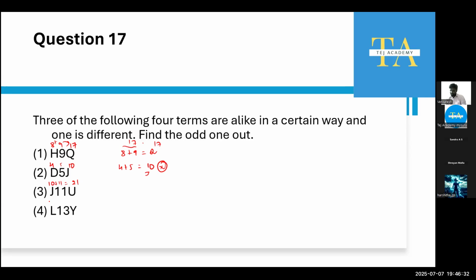L is 12 and Y is 25, and Y is 25 and 13. So 12 plus 13, we will be able to get 25. Yes, this is also possible. Only option 2 is different, right? So option 2 is different. So find out the odd one out. The odd one out is option 2.